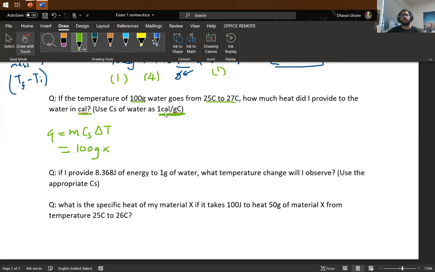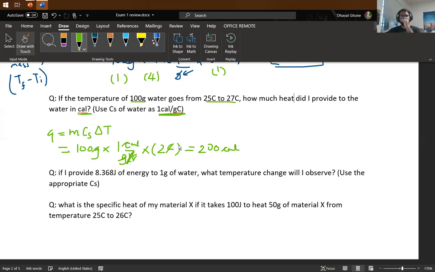CS, I told you this one, which is 1 cal per gram Celsius. And delta T is still 2 Celsius, 27 minus 25. And so Celsius cancels off, my grams cancel off. What I'm left with is calories. 100 times 2 times 1, which is 200 small calories.